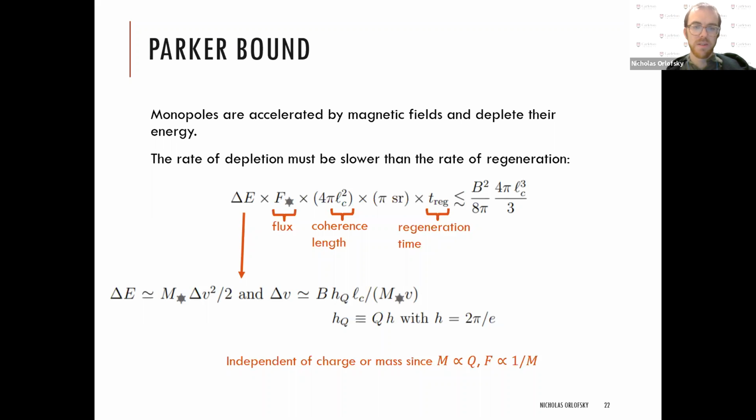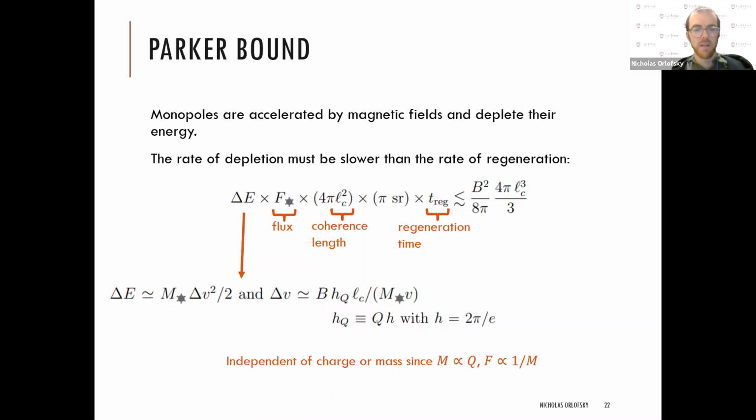To put this in an equation, we say that the amount of energy picked up by the black holes or the monopoles, times their flux times the size of the region, so the total number of particles going in per unit time, times the amount of time it would take to regenerate that field, has to be less than the total energy contained in that coherent region of magnetic field.